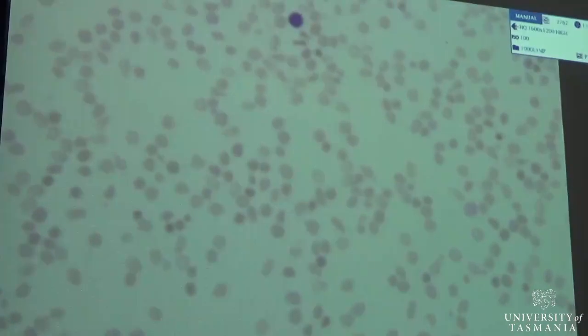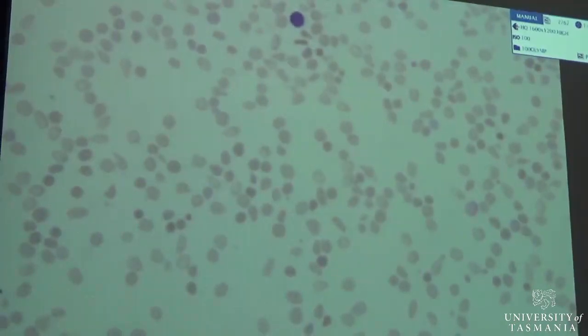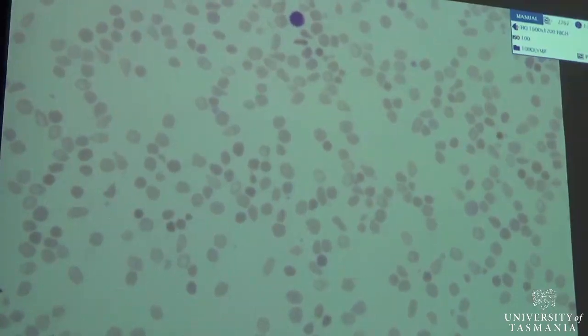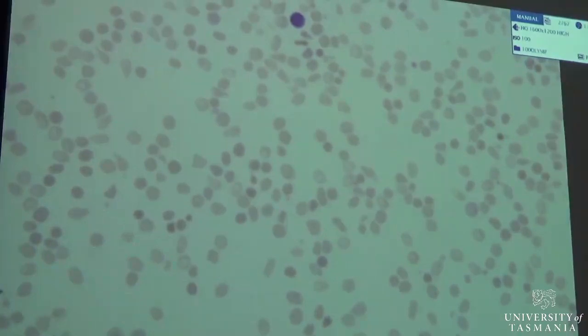So that's the main features of that. The thing that I really wanted you to see was the basophilic stippling that's in the cells, and also, again, helping you with your recognition of nucleated red cells and the fact that there is polychromasia and spherocytes here. So we've got a hemolytic process going on here.